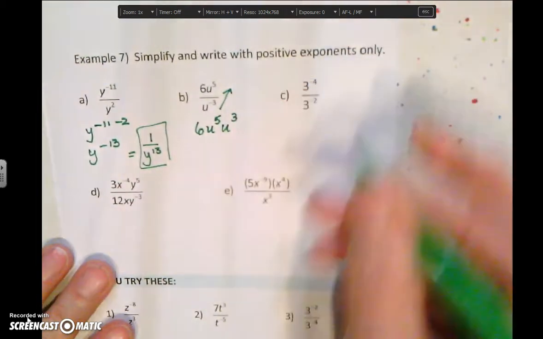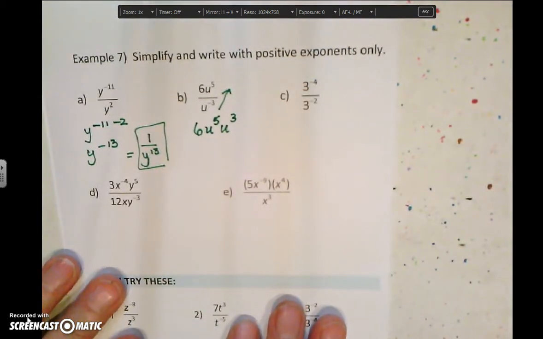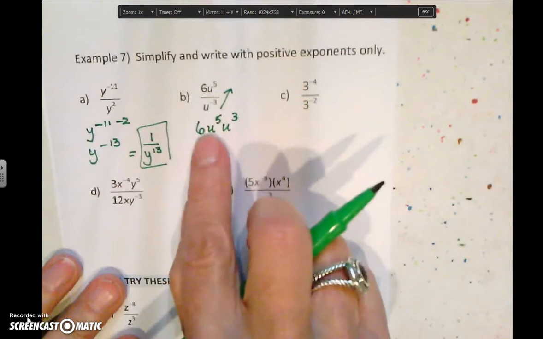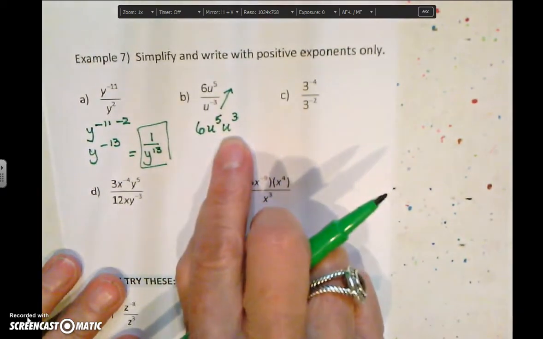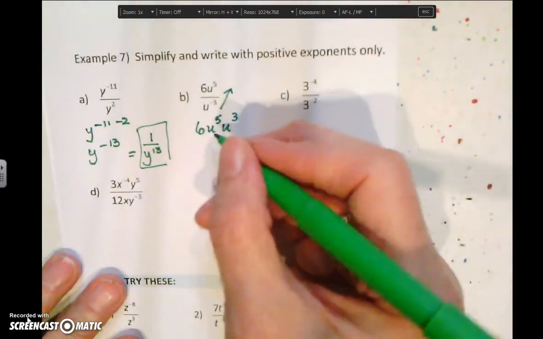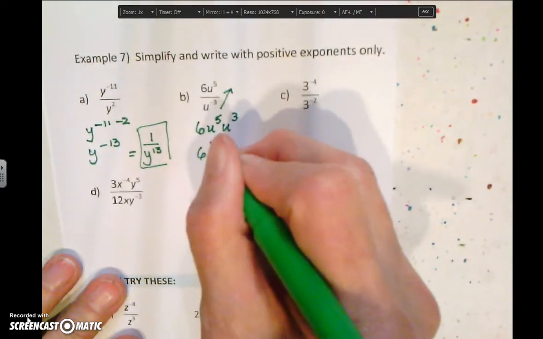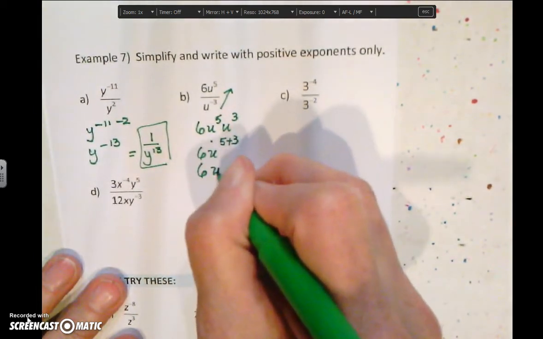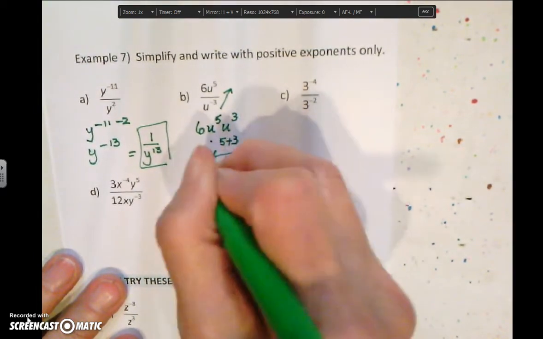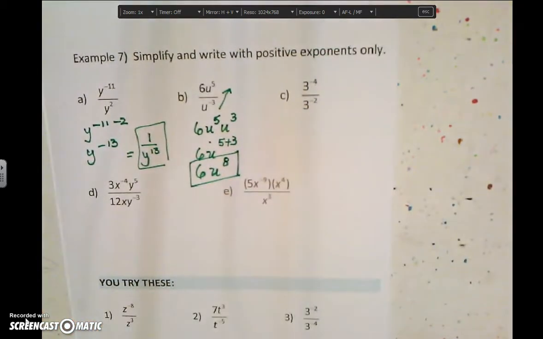So it's going to become u to the 3rd when I move it up. So now I've got the same base, but this time it's multiplication. And I'm then going to add those together. So u to the 5 plus 3 is going to be 6u to the 8th.